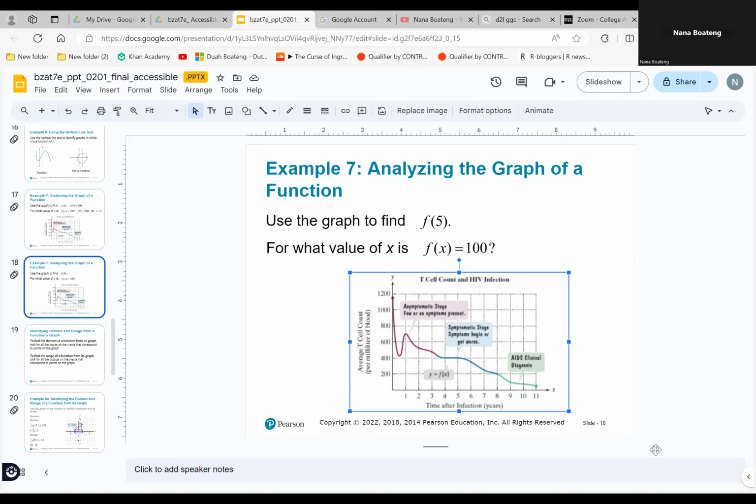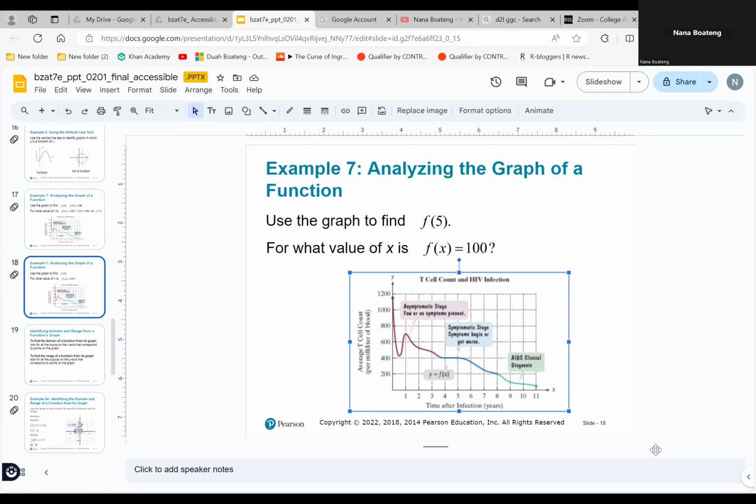In the same way, if we are given f of x is equal to 100, and we are asked to find the corresponding value on the x-axis, we look at where 100 is on the y-axis, and from that point, we determine the corresponding x value. The lowest mark here is 200, so 100 is between 0 and 200.